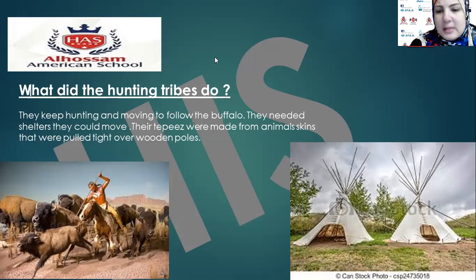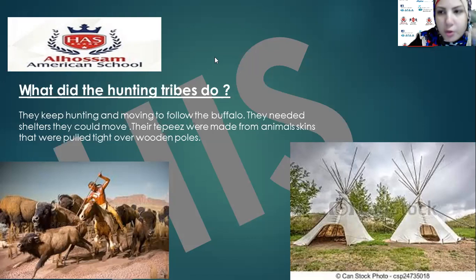The tent is pulled from the poles, and it's made from the animal's skin, especially buffaloes, tied over wooden poles. This place where they used to sit is known as a teepee.